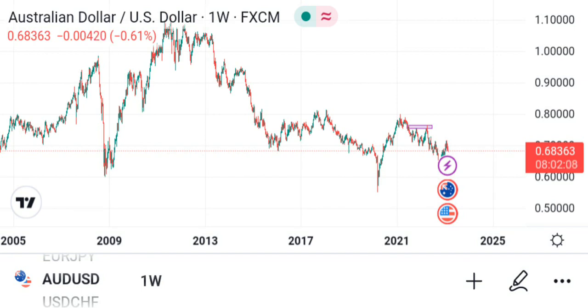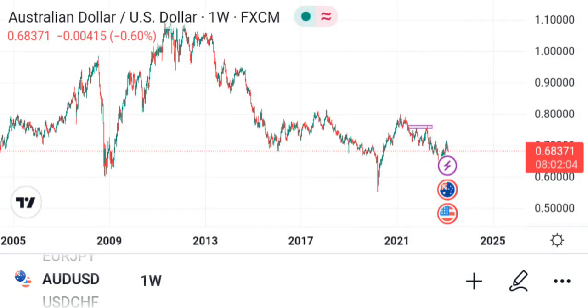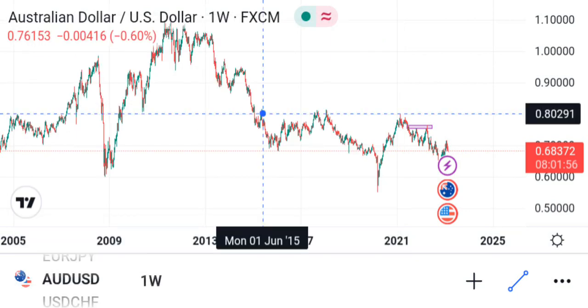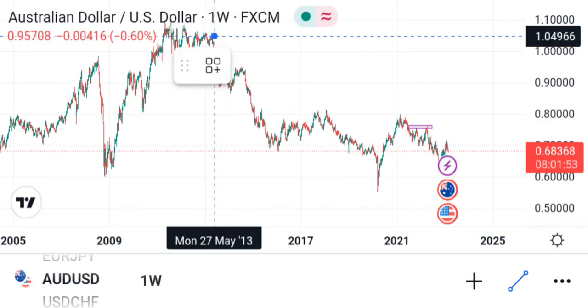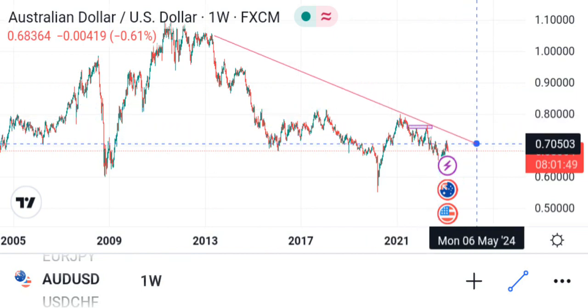Now let's say for example here, the market does something like this. Let me point this out to identify the market trend, that it is actually in a bearish move.